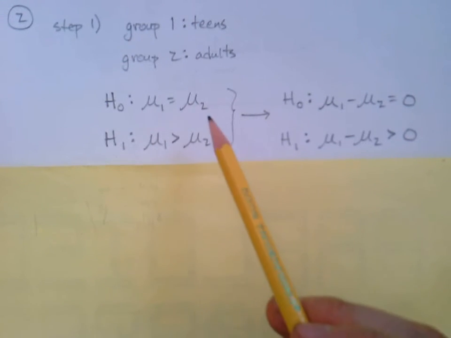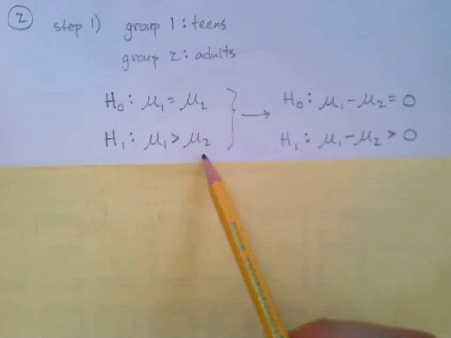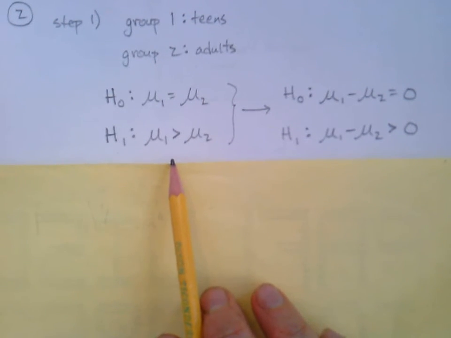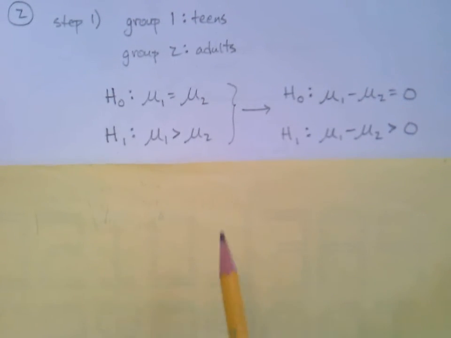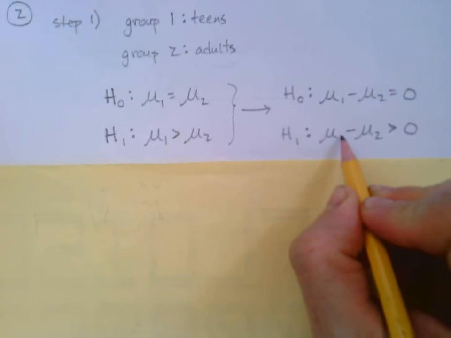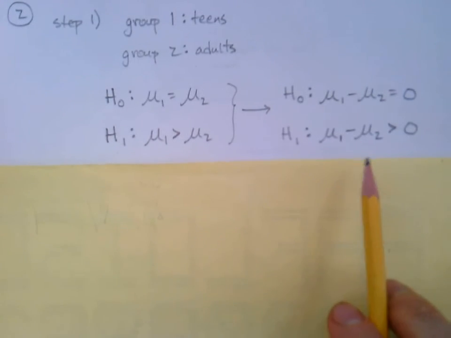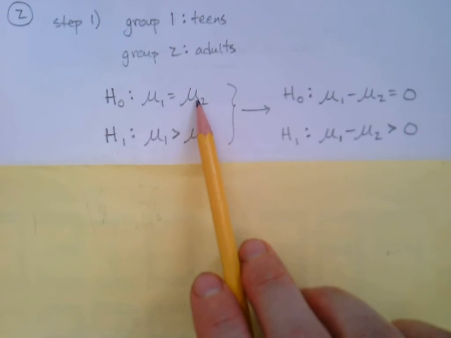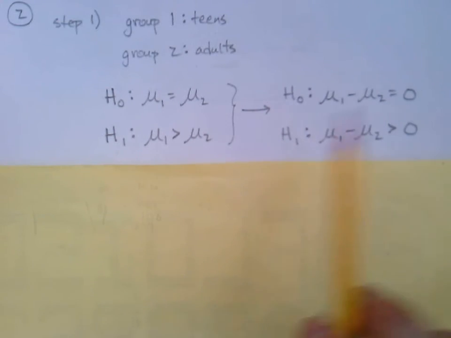It is perfectly acceptable to write your null and alternative hypotheses this way. There's no confusion there. However, the conventional way to write this that everybody has agreed upon in the statistics community is to write it this way, to put them both on the same side. So this first one, it's like we're subtracting mu2. So mu1 minus mu2 equals 0.